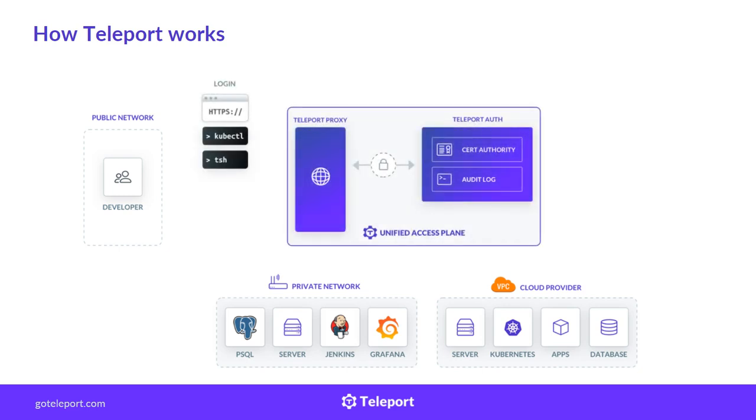So the Teleport access plane is an identity-aware multi-protocol access proxy, which currently supports SSH, applications, Kubernetes, and database. A key part of its architecture is to utilize short-lived certificates for authentication.